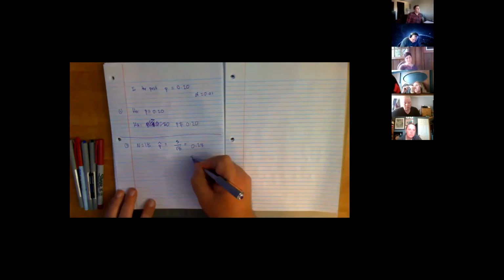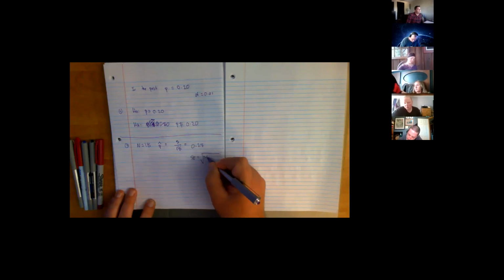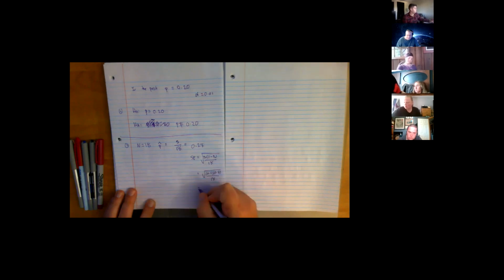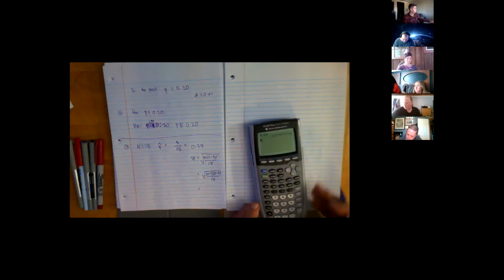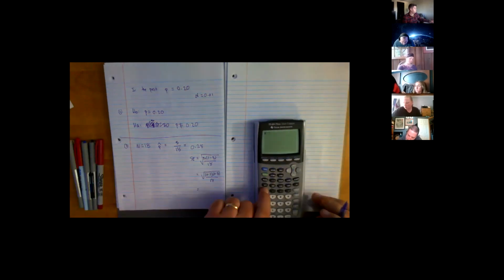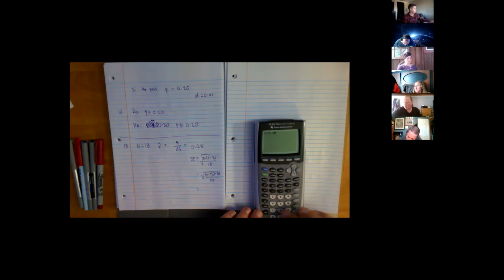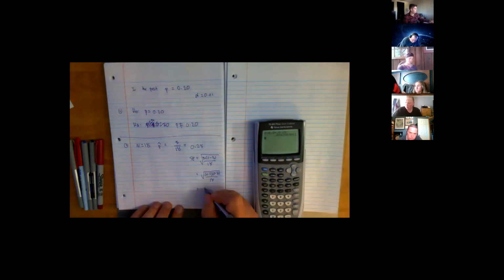What do we need? We need a standard error. It's the square root of p naught times 1 take away p naught, over 18. And that's going to be 0.2 times 0.8 over 18. So I'm doing a square root of 0.2 times 0.8 divided by 18. I've got, doing pretty crude rounding off here, 0.09.